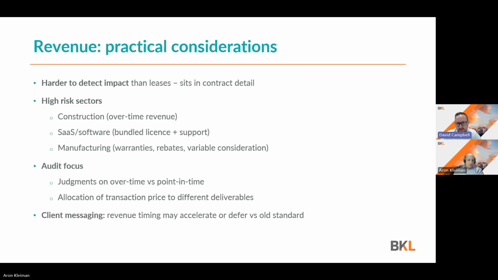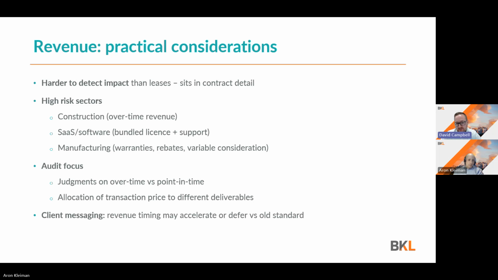Yeah, and just generally as well, if we think about it broadly, these are FRS changes that are being brought into FRS 102, and FRS is targeted at bigger companies with much more complex revenue arrangements. So just naturally, it introduces more judgments into the accounts of smaller companies, and some of those judgments are around the likes of variable consideration and likelihood of achieving targets, and then also whether or not services are performed over time or at a point in time, and that can differ as well by revenue type and industry.